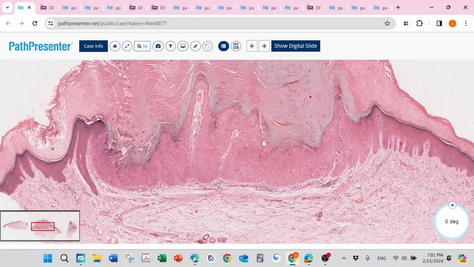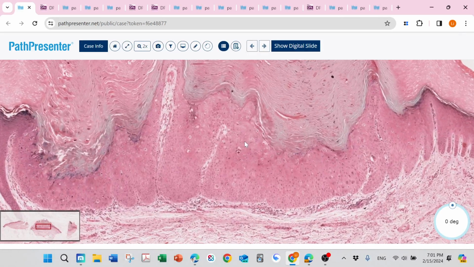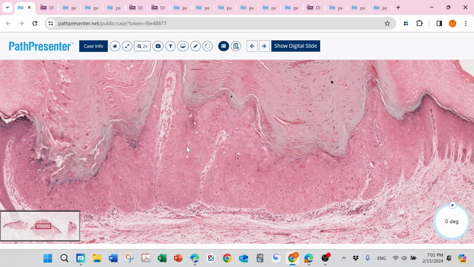But at a little bit higher power, we can see some bigger cells forming this pagetoid spread. Pagetoid spread means the atypical cells go singly into the epidermis. And the differential diagnosis of pagetoid spread in dermpath: first, just like this case, squamous cell carcinoma in situ. Another one is melanoma.